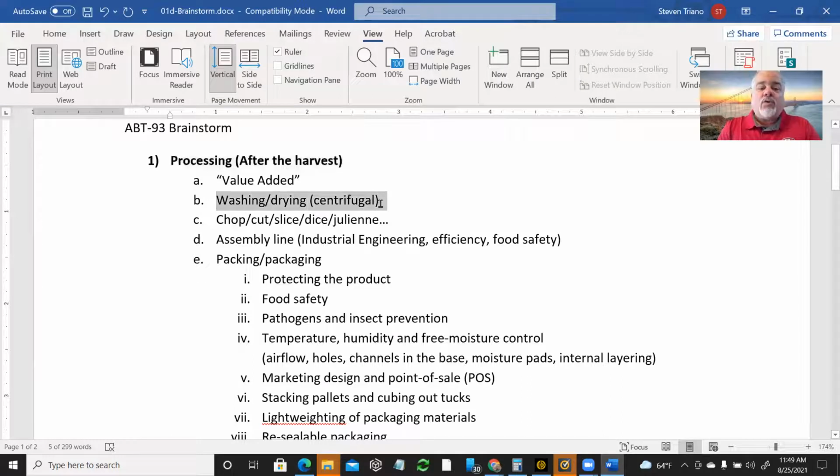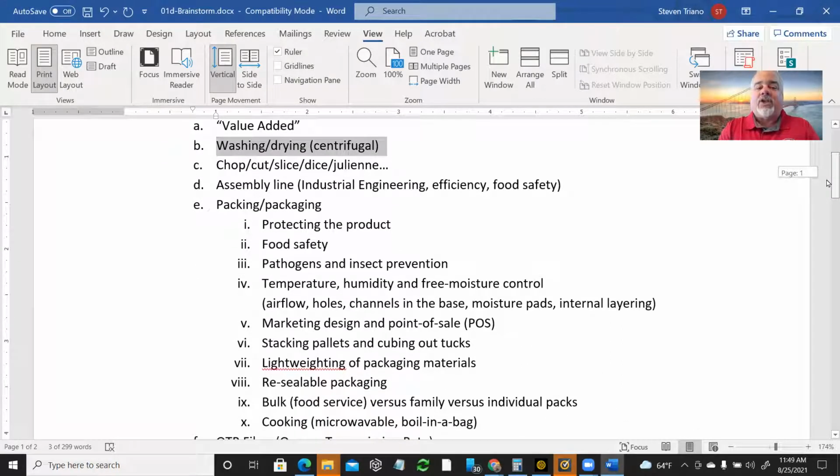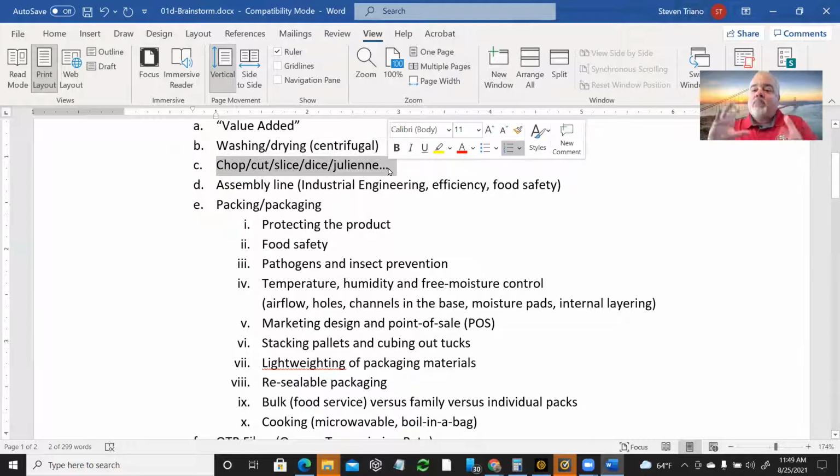Washing and drying. How do you wash and dry the product so you don't damage it? The product is of high quality. What about chopping, cutting, slicing, dicing? How do you make the product in the shape you want?